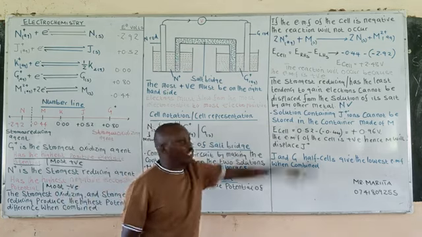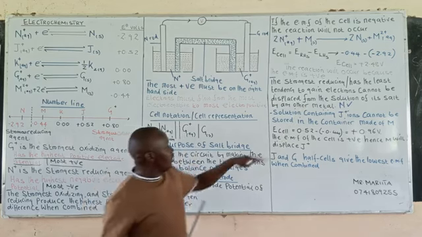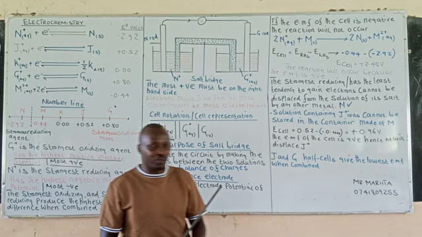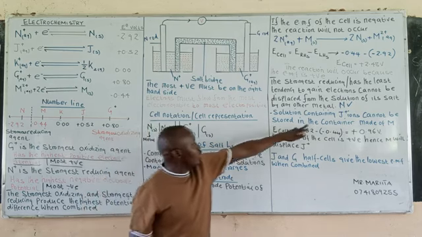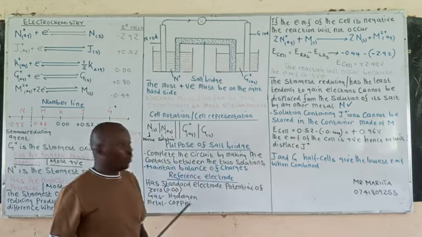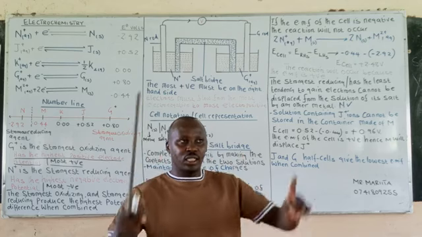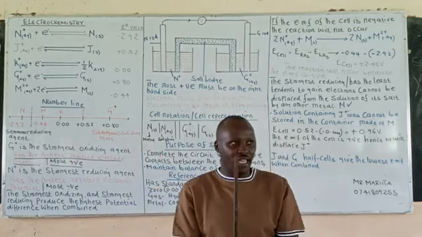Suppose now a solution containing J ions cannot be stored in a container made up of M, and you are required to explain why. In such a situation, what are you supposed to do? You need to calculate the EMF of the two half cells.